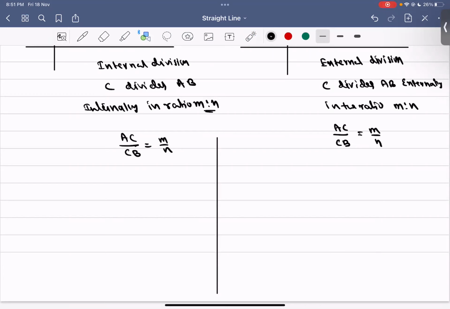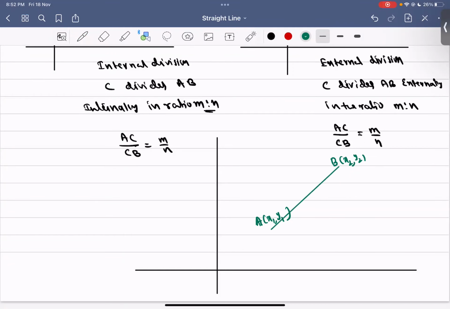This is the y-axis and x-axis. On this, I will take the 2 given points, A (x1, y1) and B (x2, y2). Join A and B. The point which divides AB internally is (x, y).